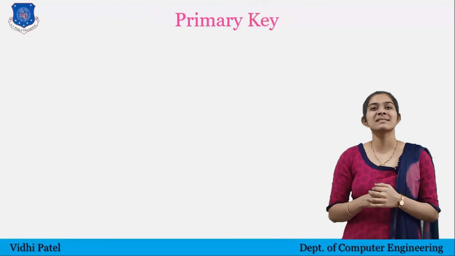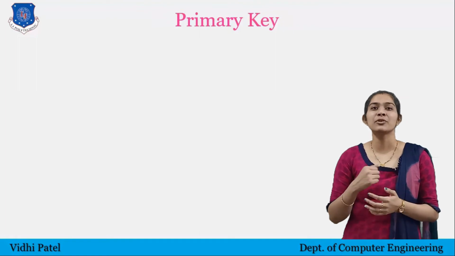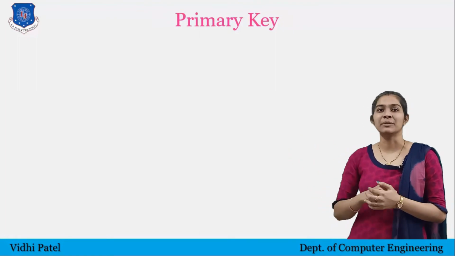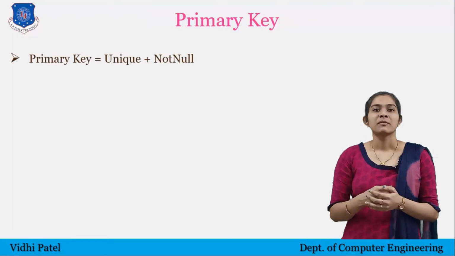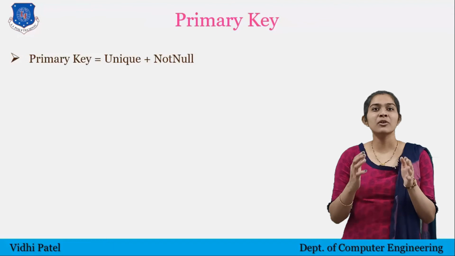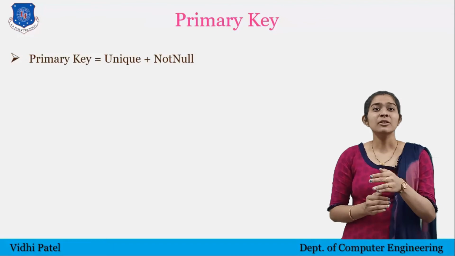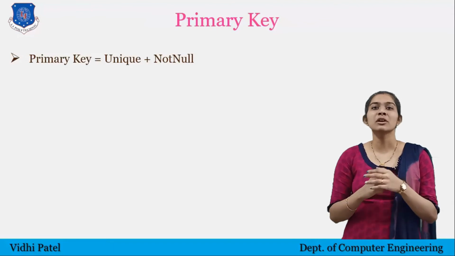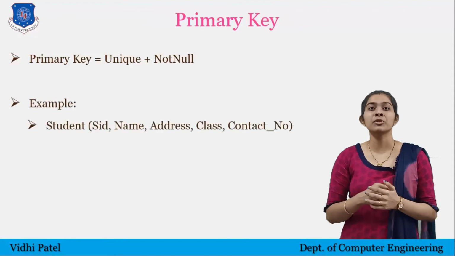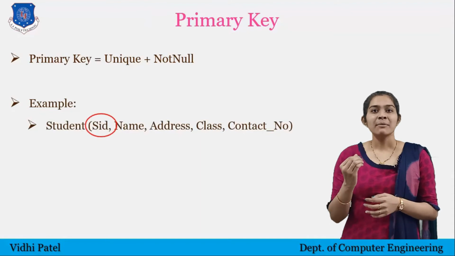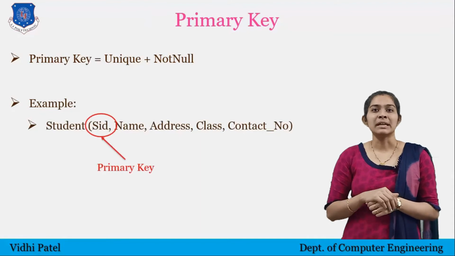Now the next constraint is a combination of unique and not null, which is primary key. Primary key means unique plus not null. When the primary key is defined on any attribute, then any duplicate value or null value is not allowed for that particular attribute. Now, if we talk about the student ID attribute in the student relation, primary key is assigned to the student ID attribute.